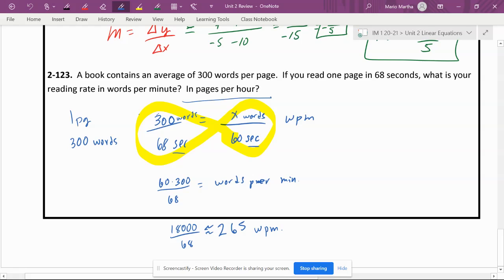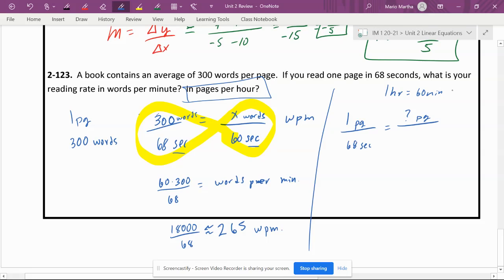So pretty much we want to know how many pages we're reading every hour. So to figure that out, if we can read one page in 68 seconds, we want to see how many pages we can read in 1 hour. And to figure it out, first you have to, again, make sure that the units are the same. So 1 hour has 60 minutes, right? And each minute has 60 seconds.